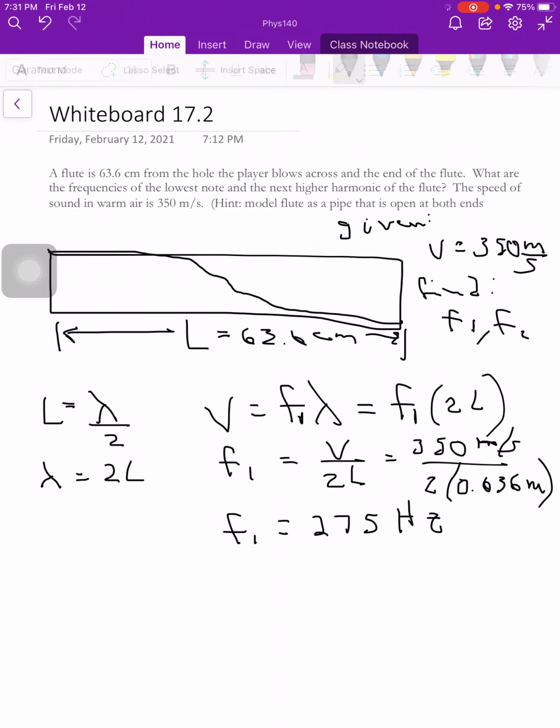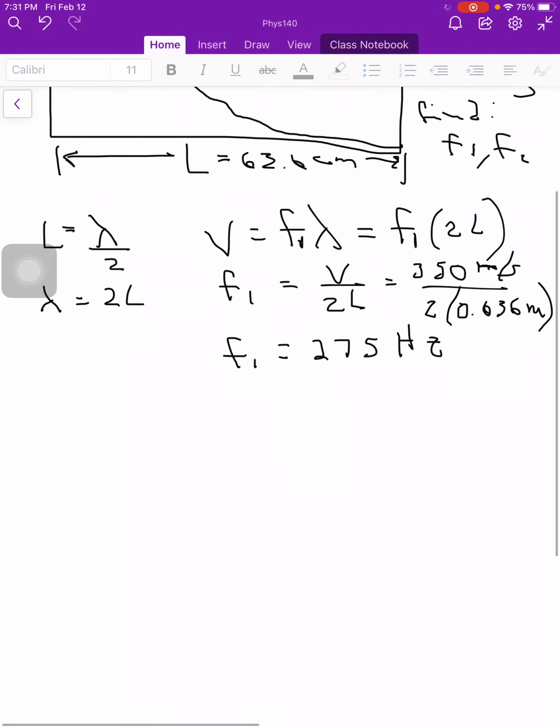And now if we want to figure out the next one, let's draw another picture.